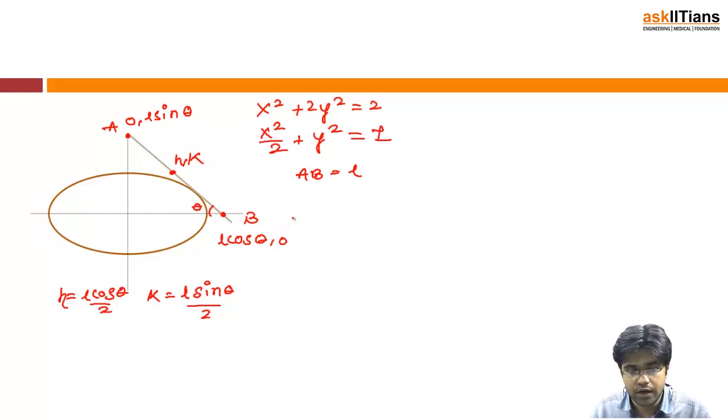So we have found the coordinates of the midpoint in terms of our actual values. Now, the equation of the line joining these two points will be y minus y1, that is 0, equals (y2 minus y1), that is L sin theta minus 0, divided by (x2 minus x1), that is minus L cos theta, times (x minus L cos theta).